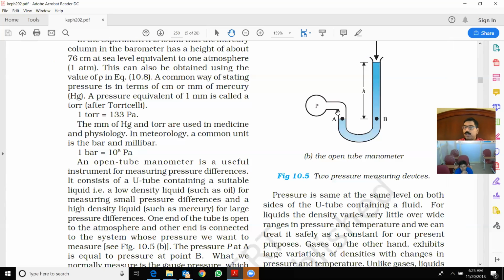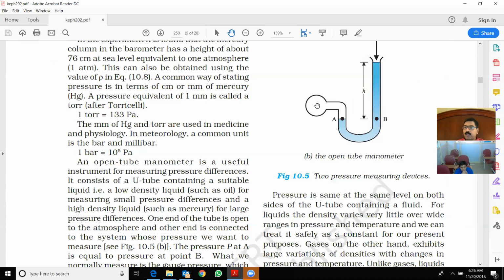Now what you do, you connect one end to a device where you want to measure the pressure. At this point, what is the pressure? Say fluid is passing through, some air is passing through. You connect this end of the manometer to that tube.